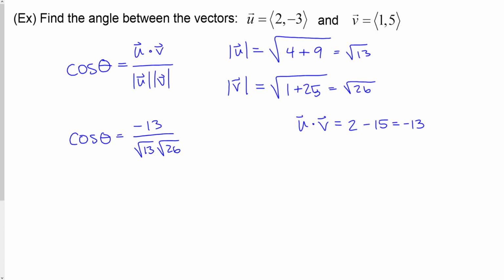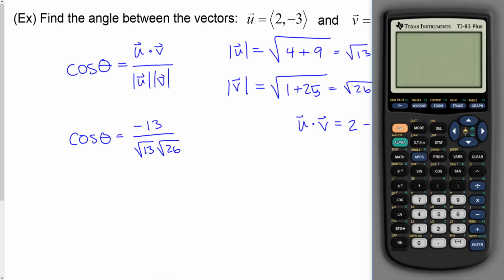And generally, we'll just need to throw this into the calculator. So I will do that. I'm going to be doing the arc cosine of negative 13 divided by the square root of 13. Oh, you know what?